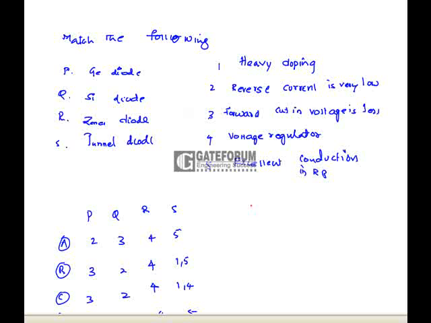Germanium diode, P: forward cut-in voltage is less, so P is 3. Tunnel diode, S, is heavily doped with excellent conduction in the reverse bias direction. That is option B is correct.